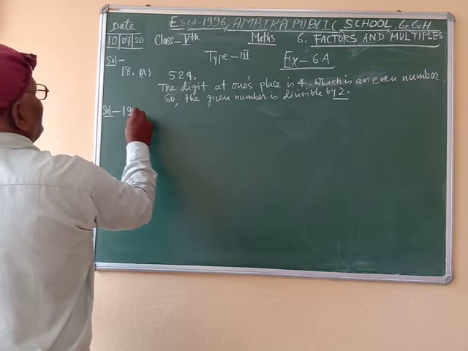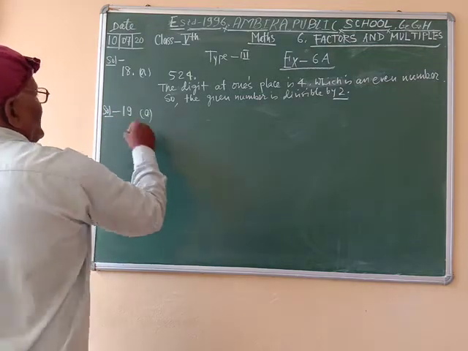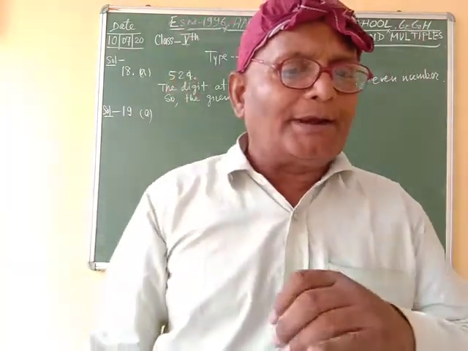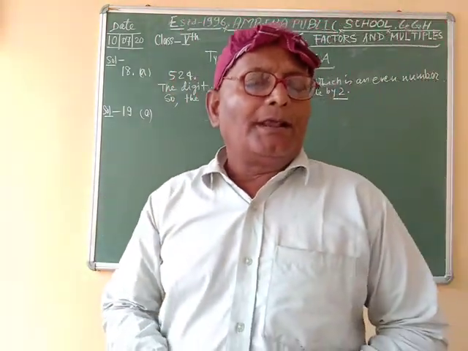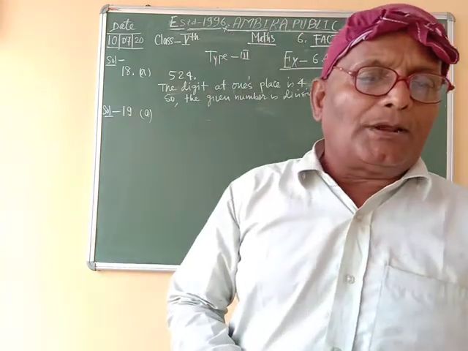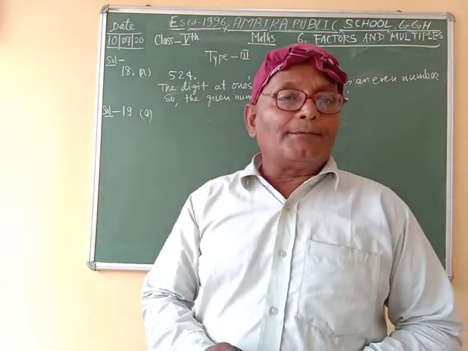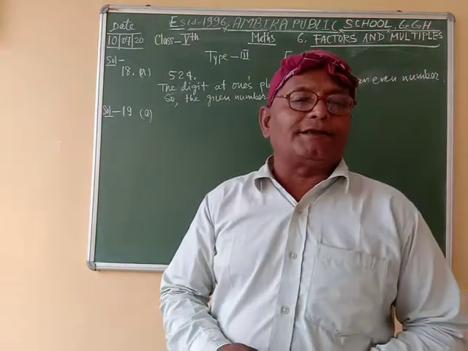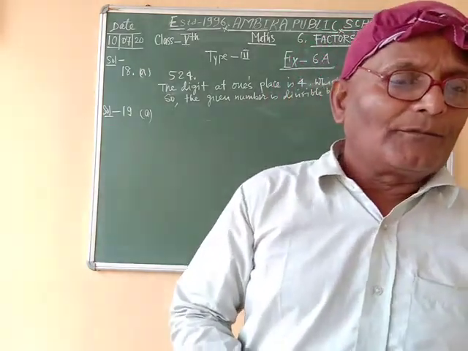Question 19A. Which of the following numbers are divisible by 3? In the previous class, we learnt that a number is divisible by 3 if the sum of all the digits is divisible by 3.